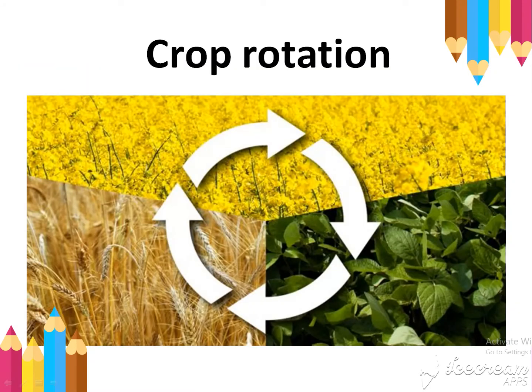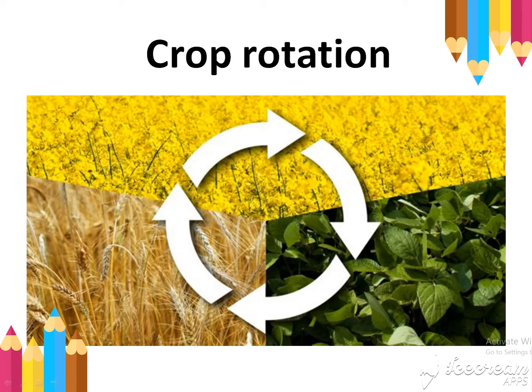Next technique is crop rotation. The practice of growing two or more dissimilar, that means different, crops in the same field, one after the other, not at the same time.